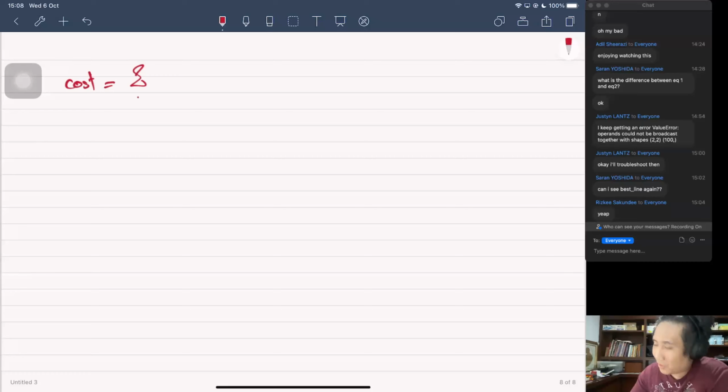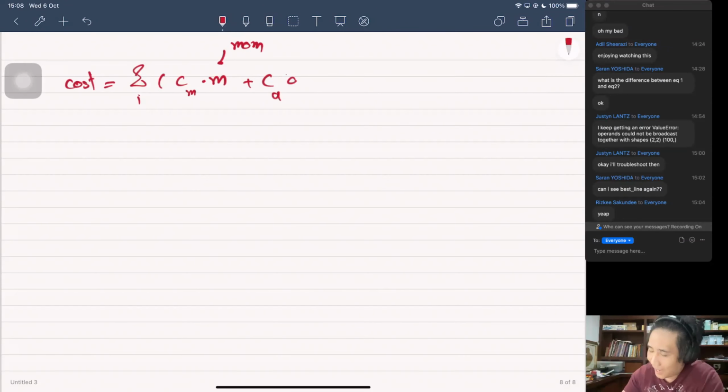It's going to be the sum over all the data points of whatever you guess, which you can actually write as a vector and it looks nicer, but let's not do it. So it's going to be C mom times mom's height, let's call it X mom, plus C dad times the dad plus H0.